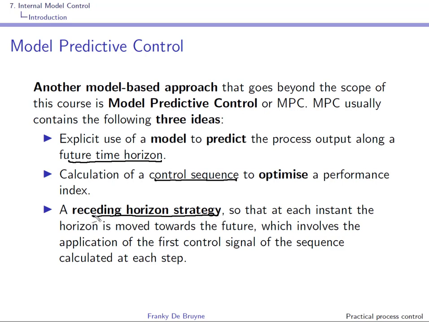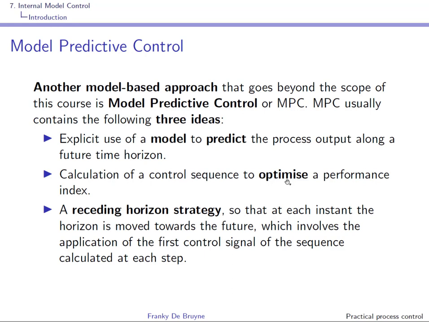This means that we take the first control signal of the control sequence that has been computed over here and we apply it, and at the next sampling instant we redo the optimization within a horizon that has shifted by one sampling interval.